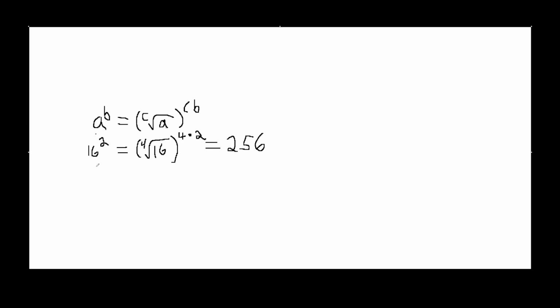But this equation is stupid. This doesn't mean anything, right? Because if we simplify this, the fourth root of 16 is equal to 16 to the power of 1 over 4, and then you multiply that by 4 times 2, which is 8. When you have an exponent to the power of another exponent, like this with the parentheses, you multiply these two exponents.